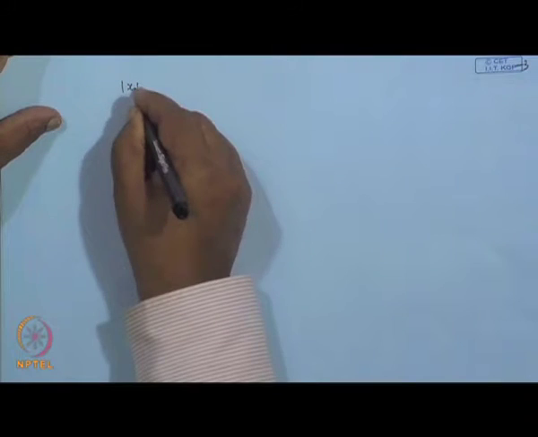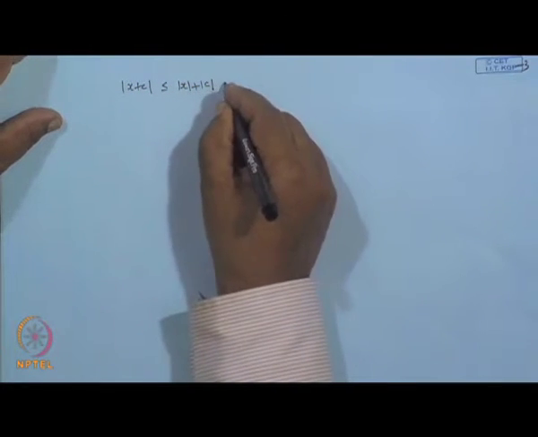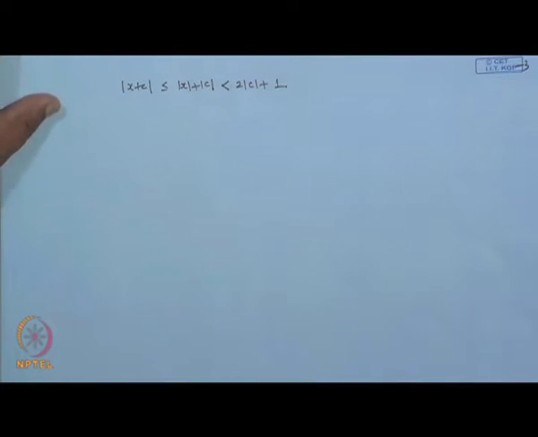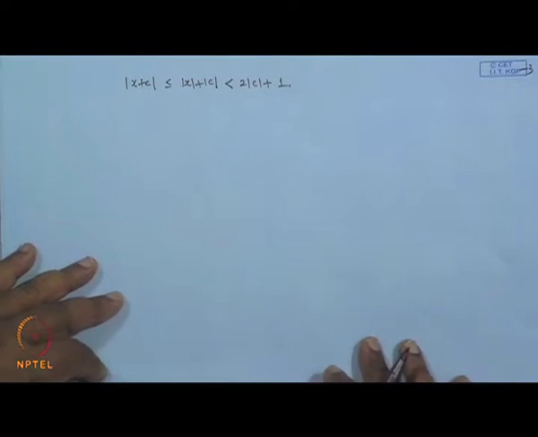Therefore, |x plus c| is less than or equal to |x| plus |c|, but |x| is less than |c| plus 1, so it is less than 2|c| plus 1. We get this by manipulation, so that we can get the bound for it.